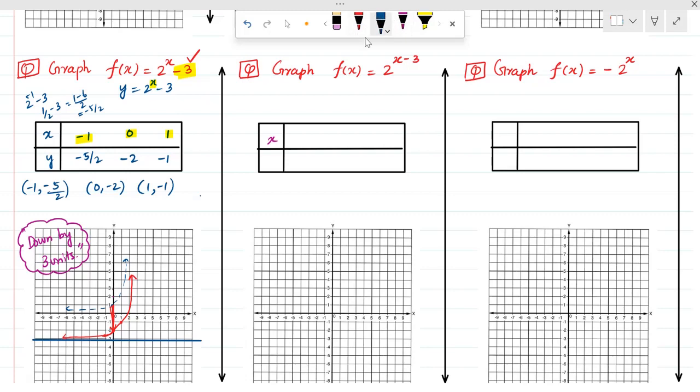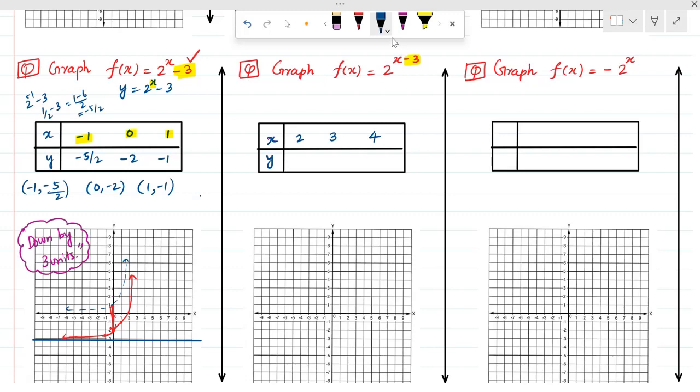We have x, y. And one more thing here, we cannot write -1, 0, 1. Why? Because if I substitute -1, all of them will give a fraction. That's why, to get integer numbers, I will directly go to the +3, one number less, one number more.